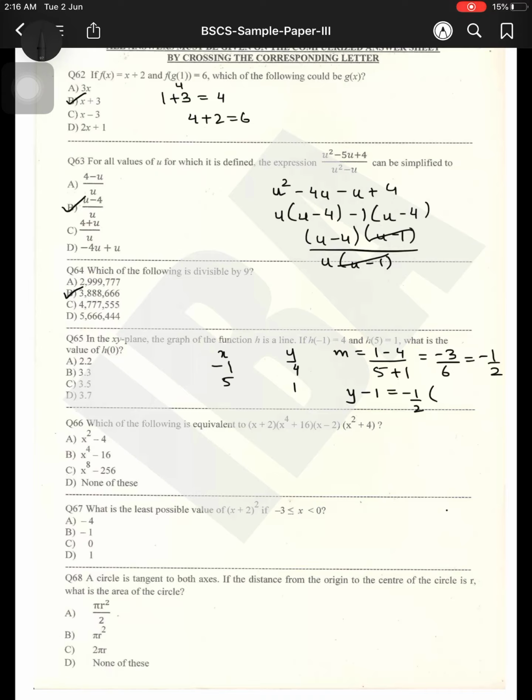Y minus 1 is equal to minus 1 upon 2 of x minus 5. Y is equal to minus x plus 7. So you put h 0 in.